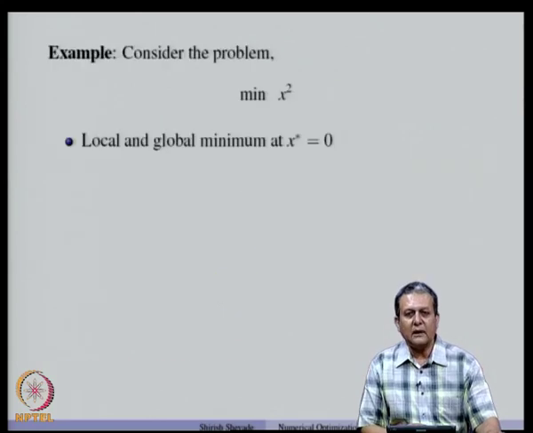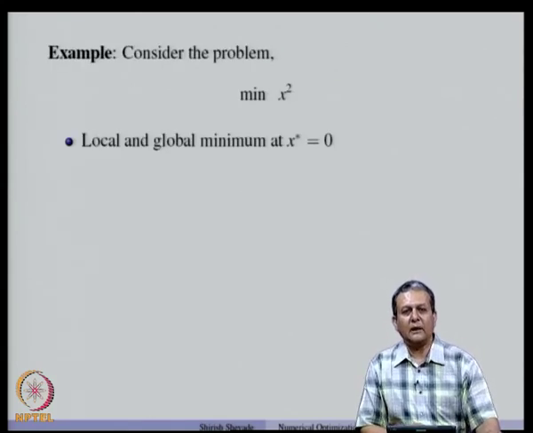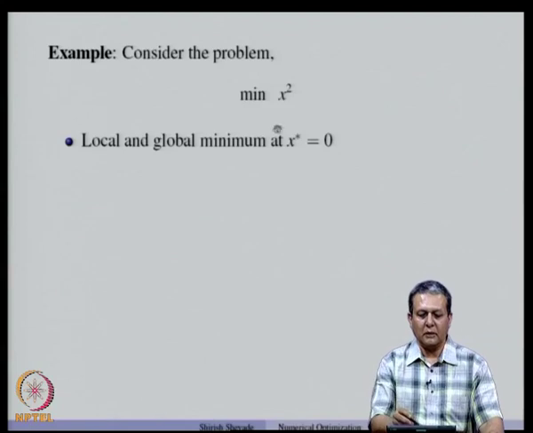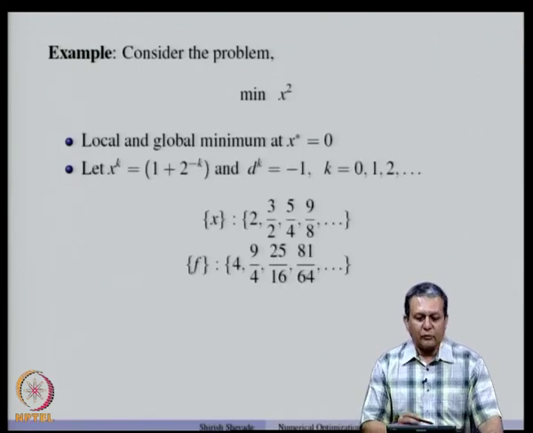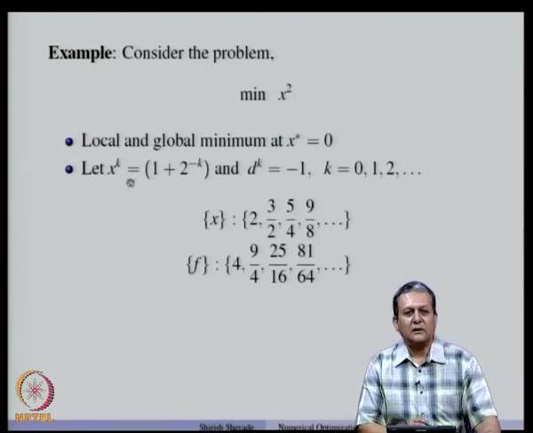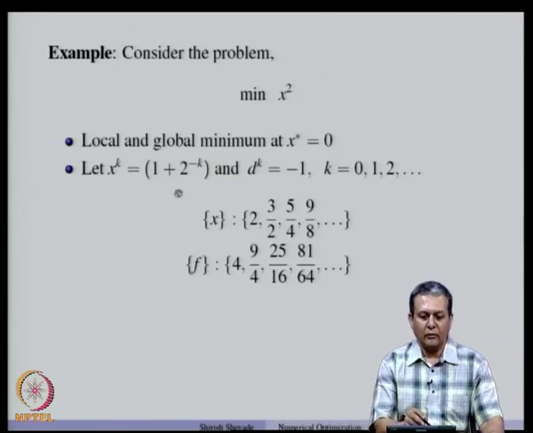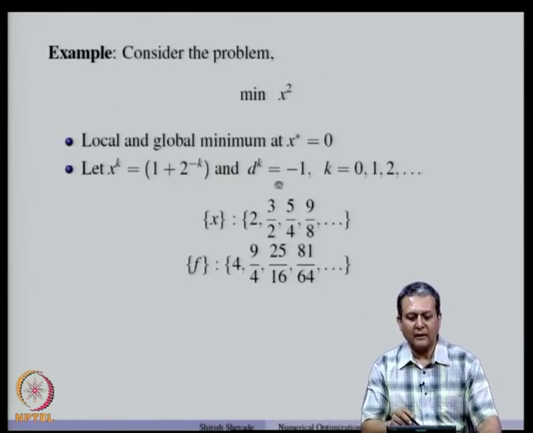Okay. Now, let us see another example. Again, let us consider the same problem to minimize x square, and it has a local and global minimum at x star equal to 0. Let us assume that this time the algorithm generates a sequence x k equal to 1 plus 2 to the power minus k, and the decay is minus 1 always, and k goes from 0 to infinity.